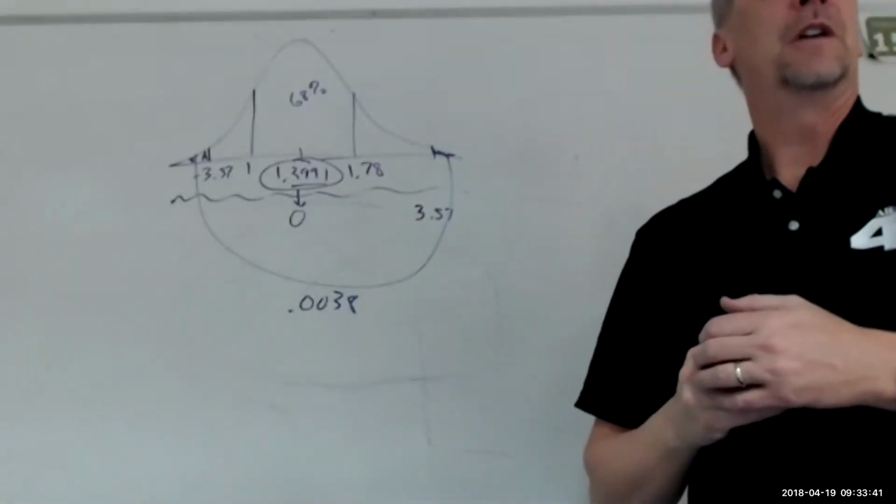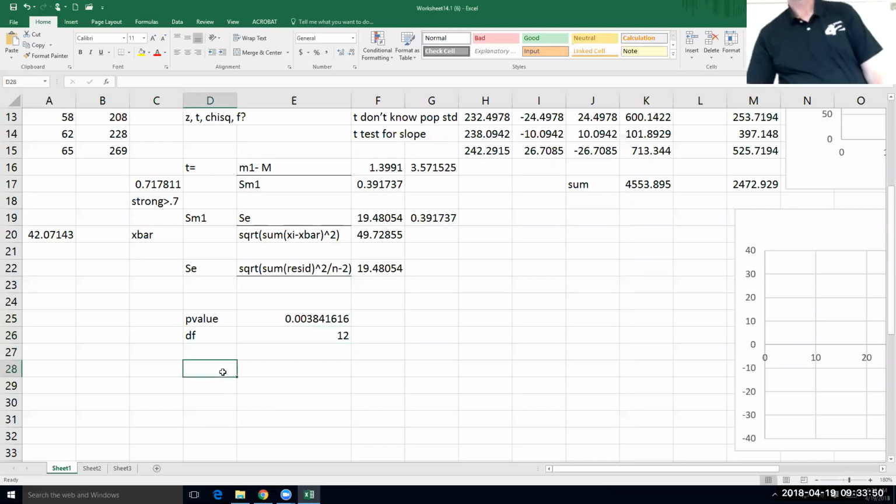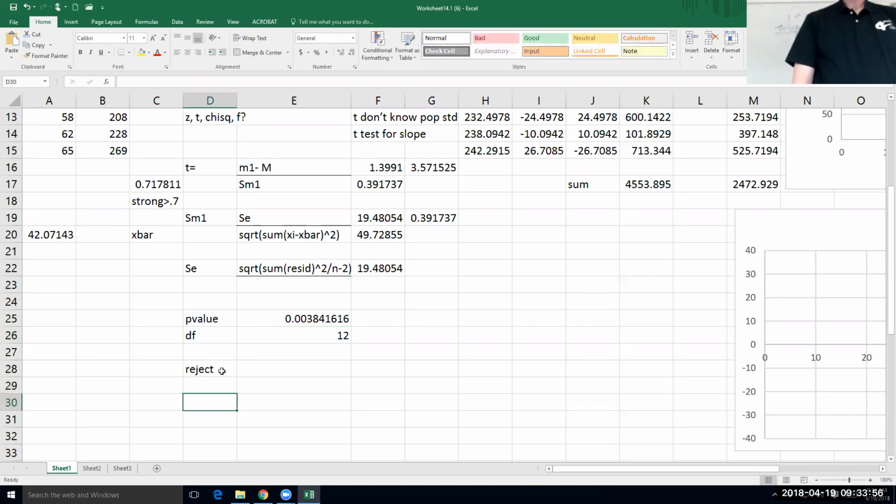So therefore, Merrill, do I reject or not reject the null? Reject the null, which means the conclusion is that the slope is not equal to 0.